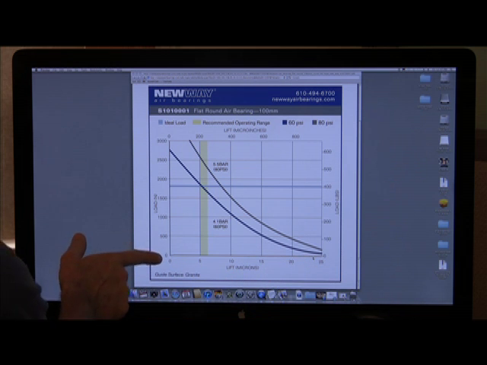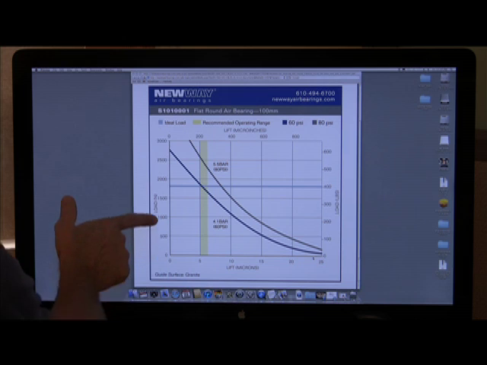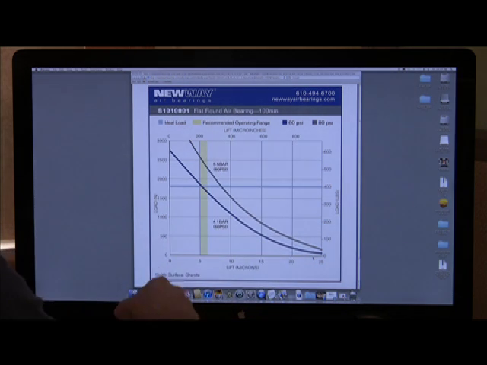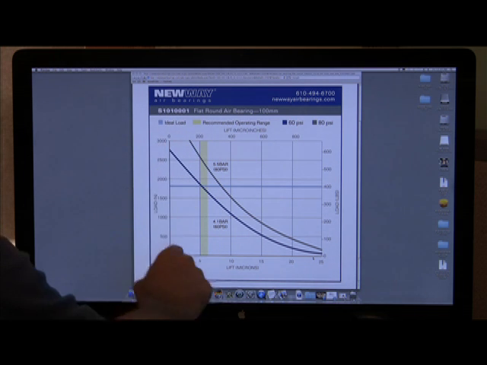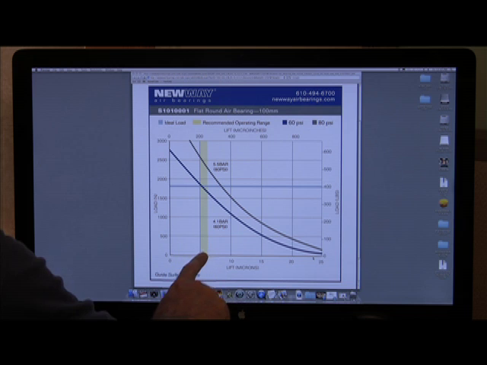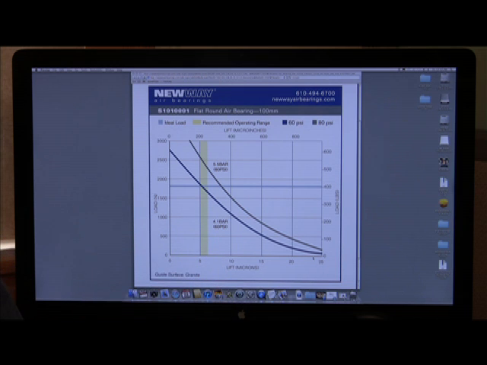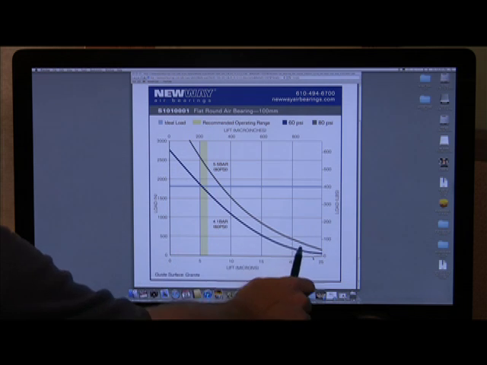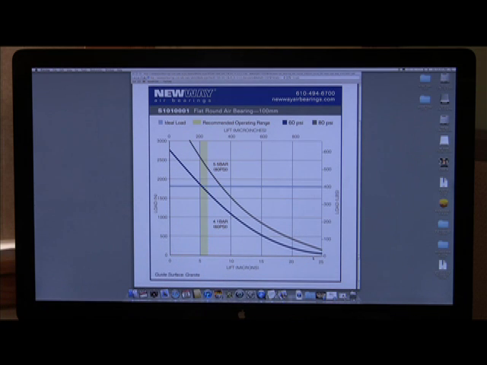And up and down the axis, we've got the load here in newtons and here in pounds. So as the pressure or load on the bearing increases, the gap gets smaller, and obviously the pressure in the gap actually goes up. This is the idea of compensation. It's what gives air bearings a relatively high degree of stiffness.